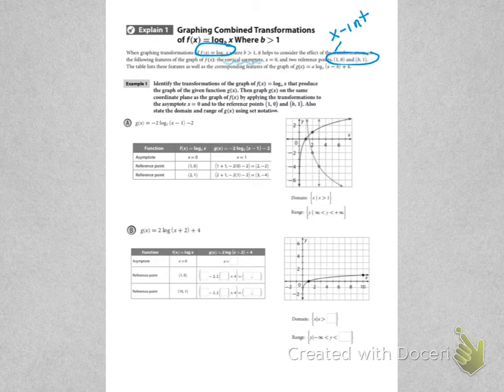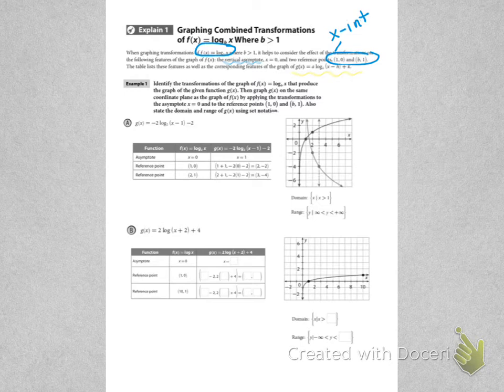So those 2 points are good key points to use, and then knowing where the asymptote is gives us really enough to determine where the graph's going to end up and what the shape's going to be. So the table lists these features as well as the corresponding features of the graph of g of x equal to a. Remember, a is always the vertical stretch amount.